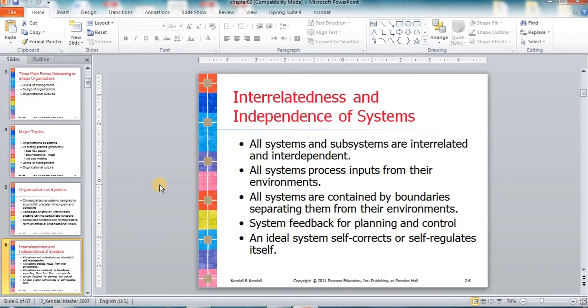A very important point is that whenever you understand how the organization is divided into subsystems and departments, you should always remember that the various subsystems of the organization are always interrelated and interdependent.